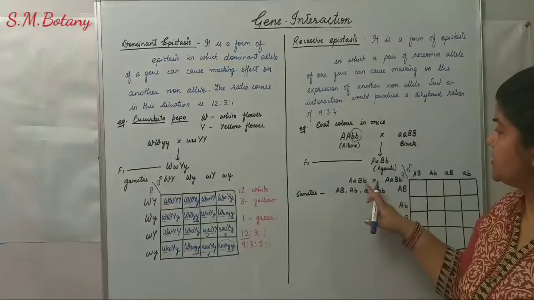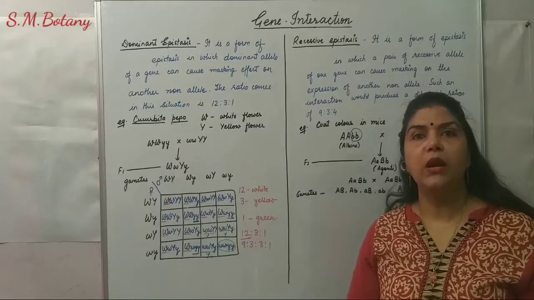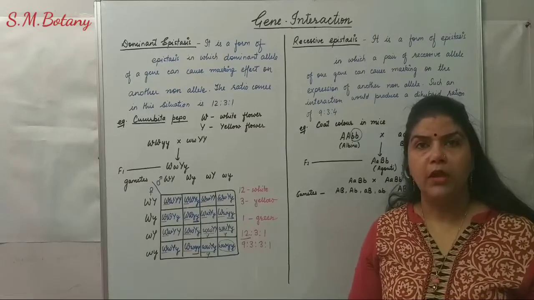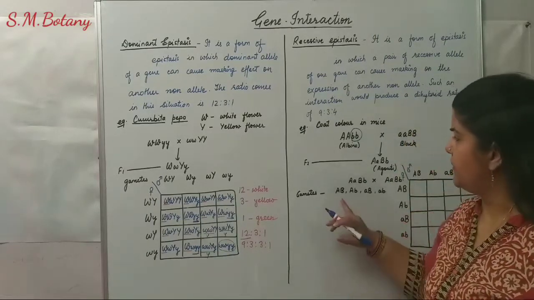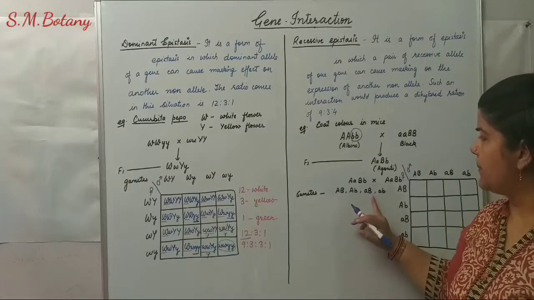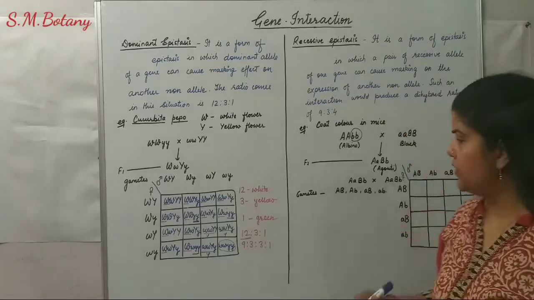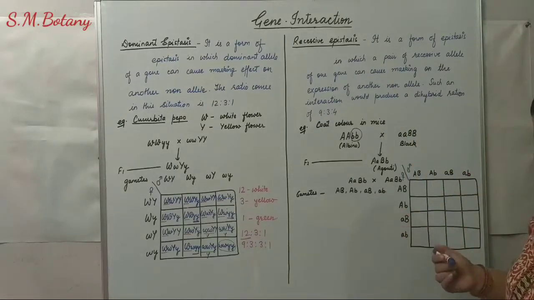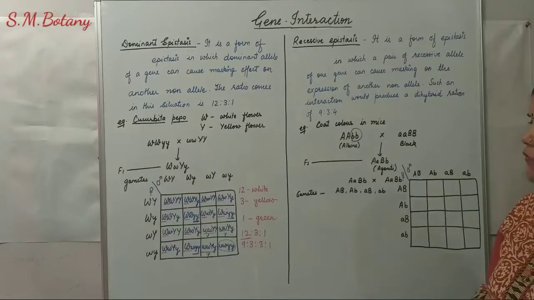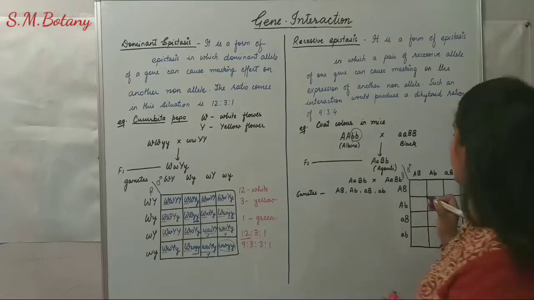When we make a self cross between agoutis and draw the Punnett square, we obtain 4 types of gametes: A, B; A, small b; small a, capital B; small a, small b. Here we draw the checkerboard. Let us see what type of offspring are obtained.